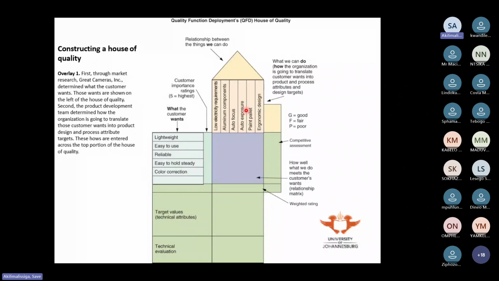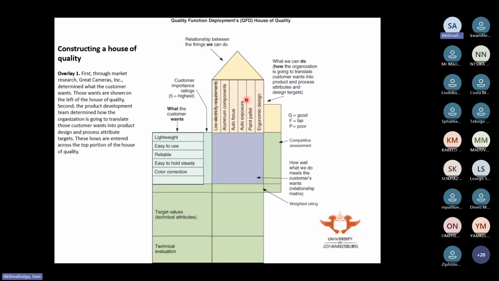So again, this is generated based on the customer want. So they need to know the customer want first, and then they can come up with the house. So the house here are the elements that the company can do, or the materials that they need in order to satisfy customers, the customer's requirement, or customer need, or customer want, or customer desires.